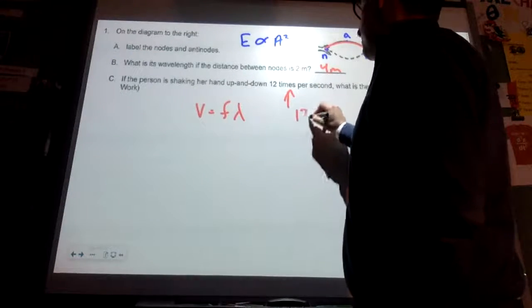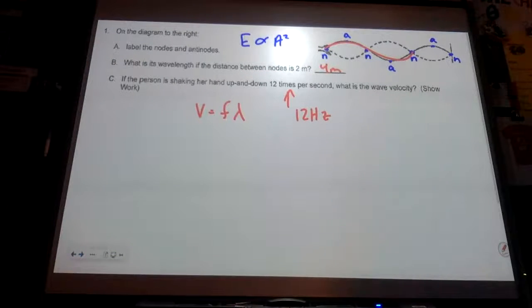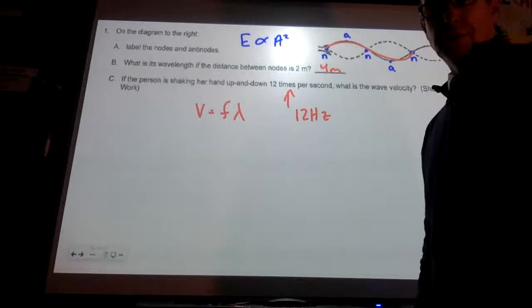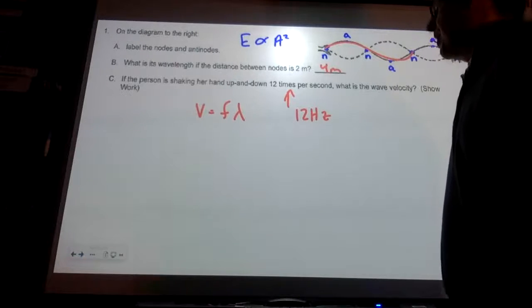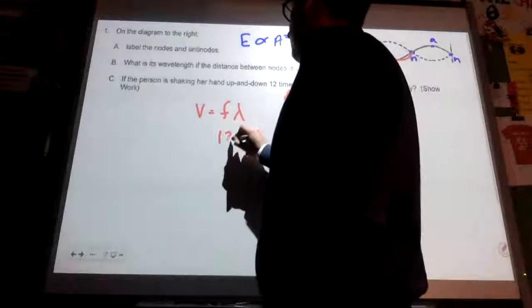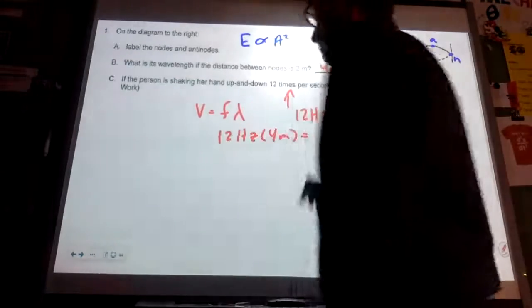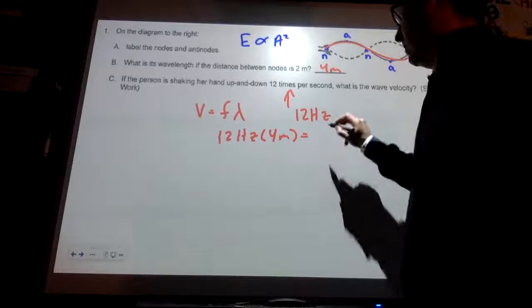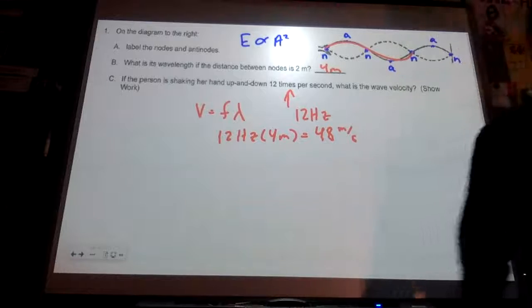This is our frequency. 12 times per second would be 12 hertz. And so I'm going to have 12 hertz times 4 meters. Somebody with the calculator real quick, 12 times 4, 48 meters per second.